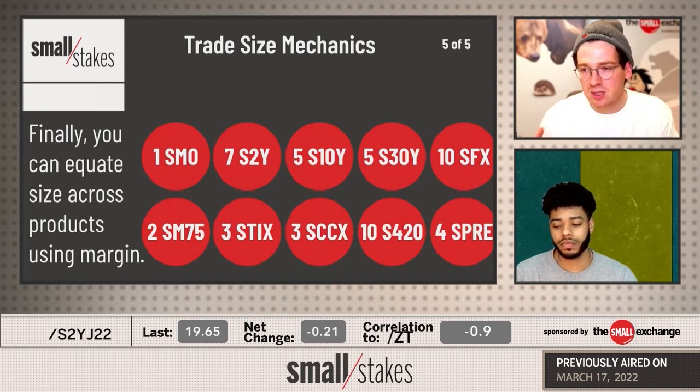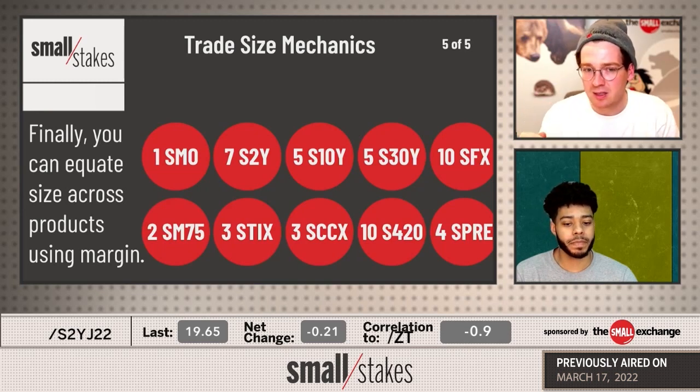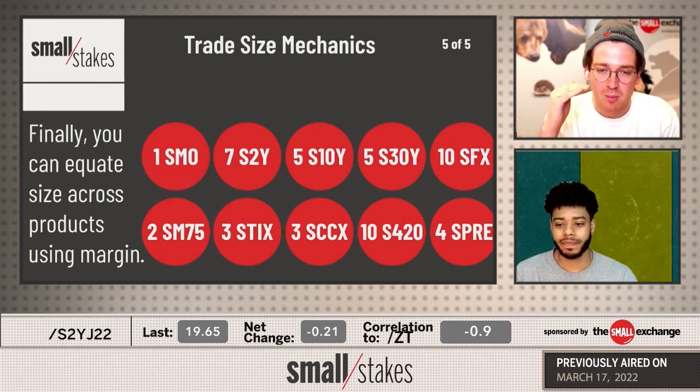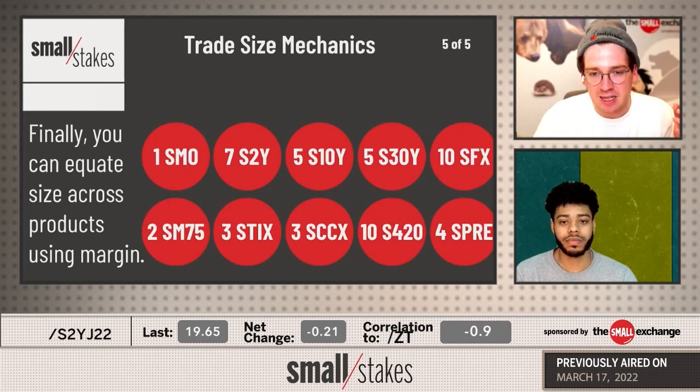I can use that to set, per product, what I'm comfortable with. In this example, let's say I'm comfortable with per product one SMO, which is $2,000 over the course of a month, but $400 over the course of a day. And I can size equivalently through these other products. I created all these numbers, Errol, just by looking at the margin in my platform for each of them.